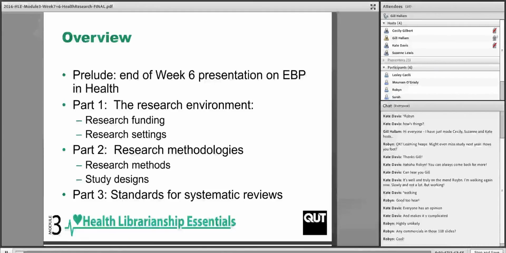So a lot of information that is very, very valuable to you before we move on to week 8 next week, where Suzanne is back again to talk about critical appraisal and the activities involved there. So this is scaffolding your way through all of that. So a lot to cover, but hopefully you will be able to break it up into different components, and we'll just try and make sure that the time fits everything that we want to do.